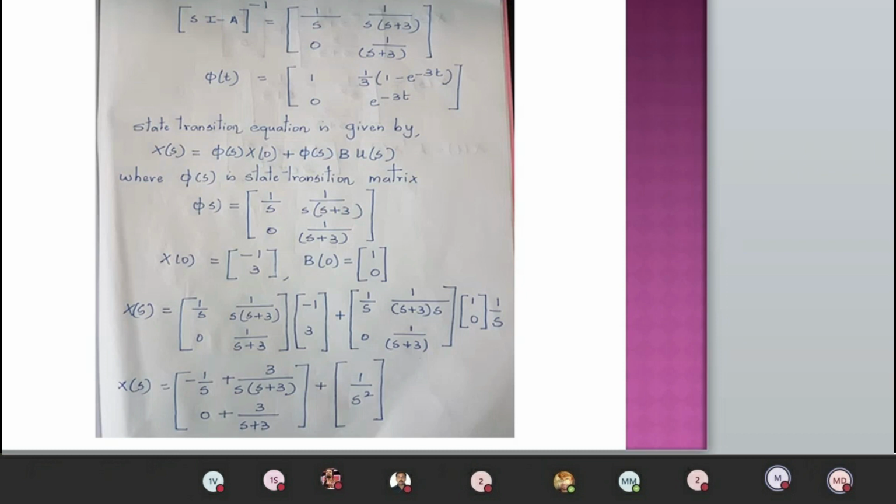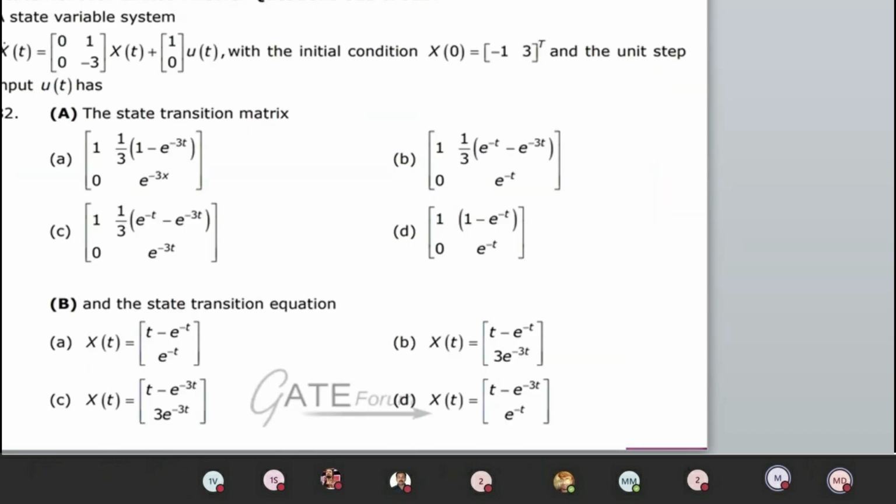Next, 0 and e power minus 3t, because Laplace inverse of 1 by (s+a) is e power minus at. So phi of t is [1, (1/3)(1 minus e power minus 3t); 0, e power minus 3t].